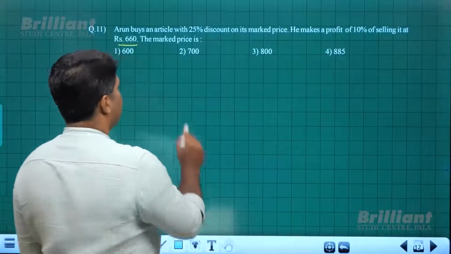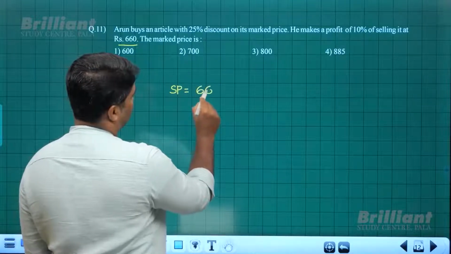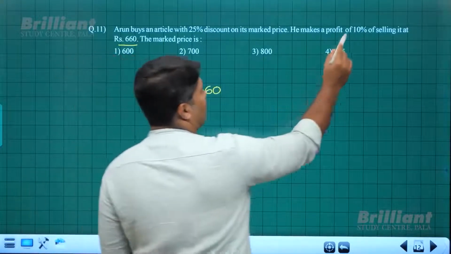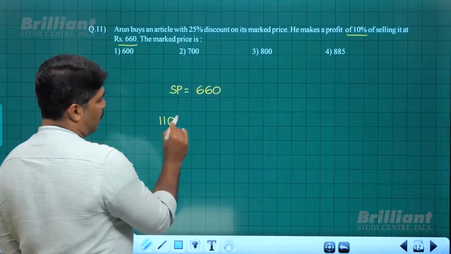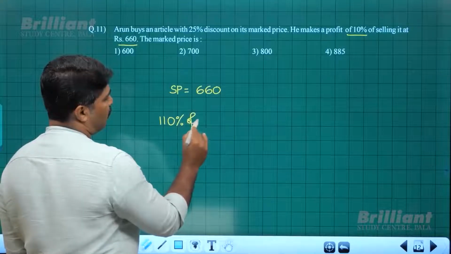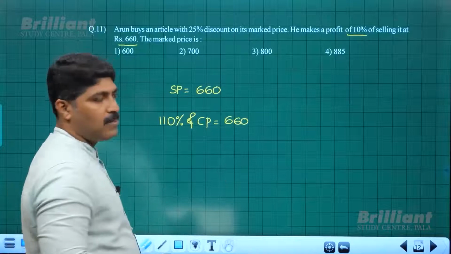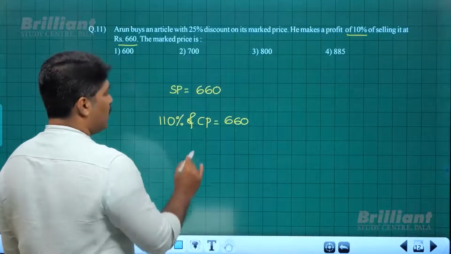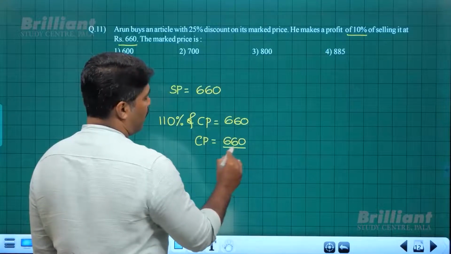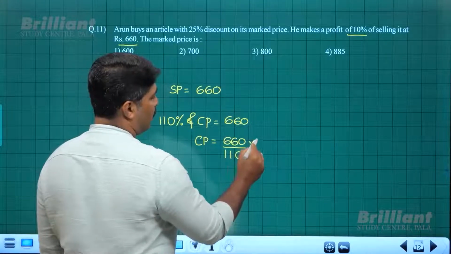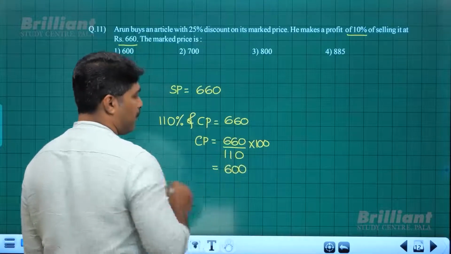First, this is the selling price. The selling price is 660. The profit he made is 10%. Therefore, this is 110% of cost price. So 660 is 110% of the cost price. Therefore, the cost price is 660 divided by 110 into 100, which is equal to 600 rupees.